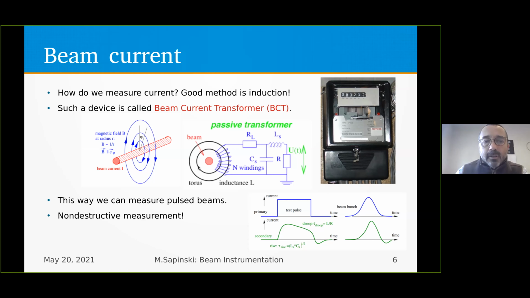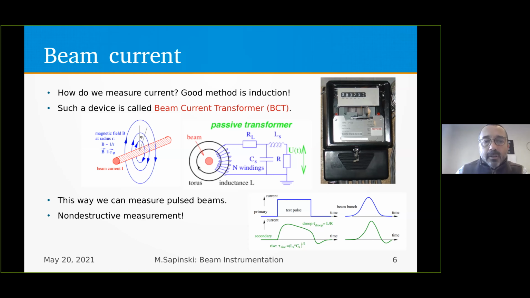There are basically three types of beam current transformers. There's a passive transformer, which is exactly the device I showed you before. It's quite fast, but it has rather poor sensitivity, around 10 microamps. Then there are active transformers, which work the same way but have an active readout system where you amplify your signal and can get much better sensitivity, but this amplification makes them a little bit slower.